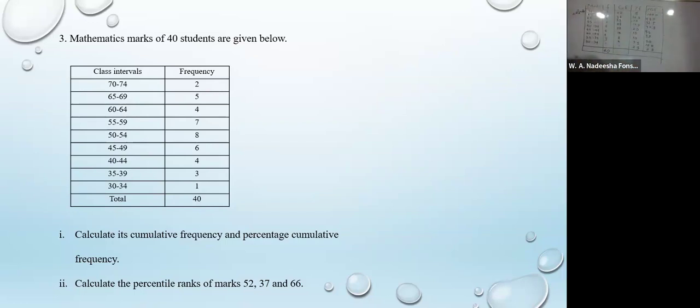That's okay. Now we have to calculate the percentile ranks of marks 52, 37 and 66. First take 52. Where is 52? So here you have to mark that row. 52 should be here. Then go to the equation.